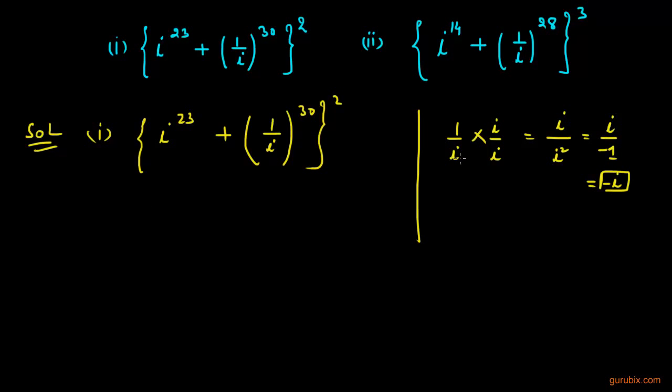Now we shall put negative iota in place of 1 over iota. Then this value will be iota raised to 23rd power plus negative iota raised to 30th power, and this whole value raised to the second power.